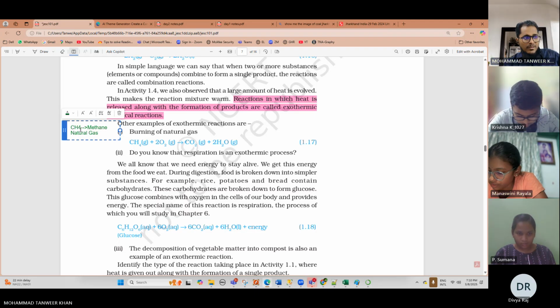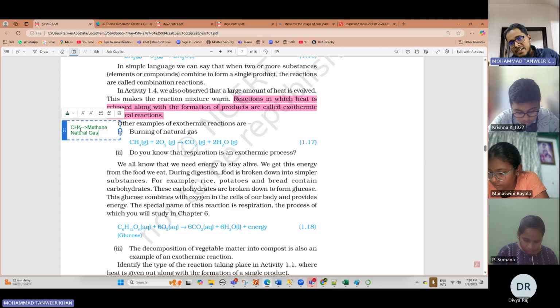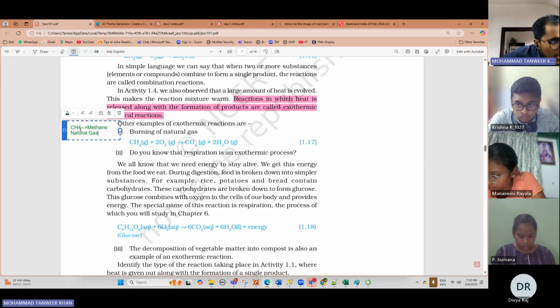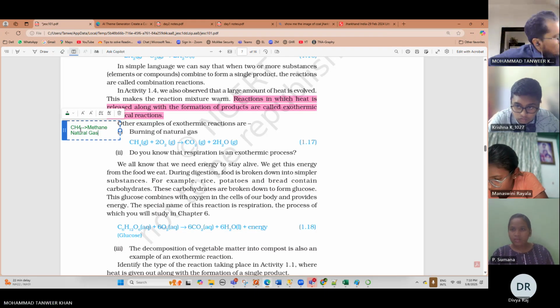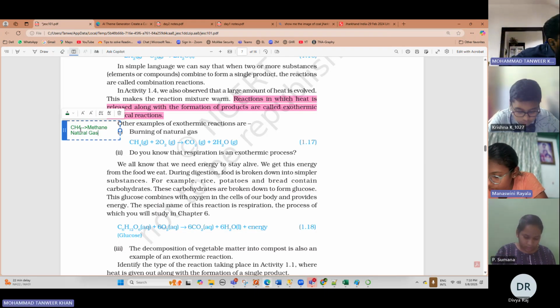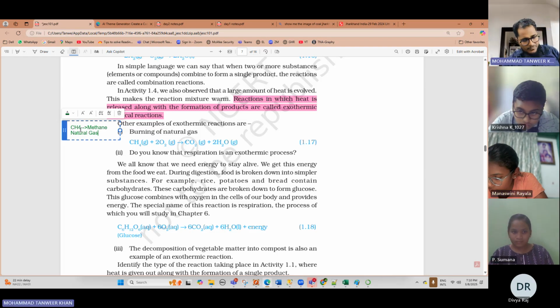If someone asks you what is methane, you can tell methane is also known as natural gas, and the formula is CH4. How many carbon atoms you have here? One. How many hydrogen atoms you have here? Four.